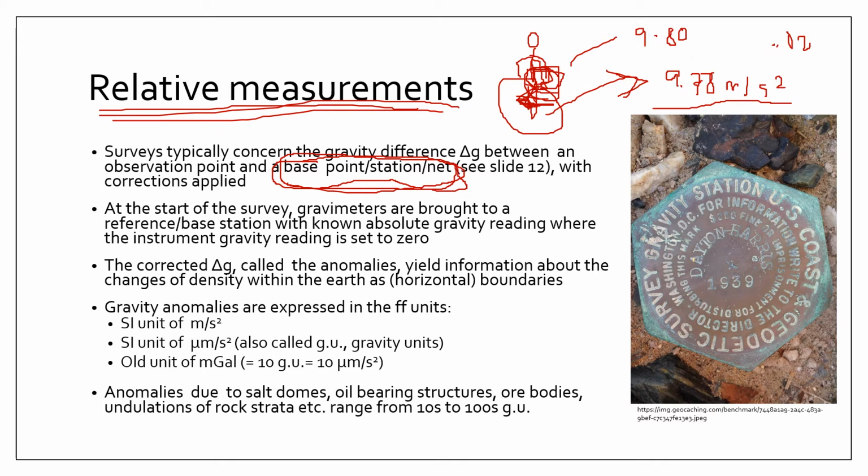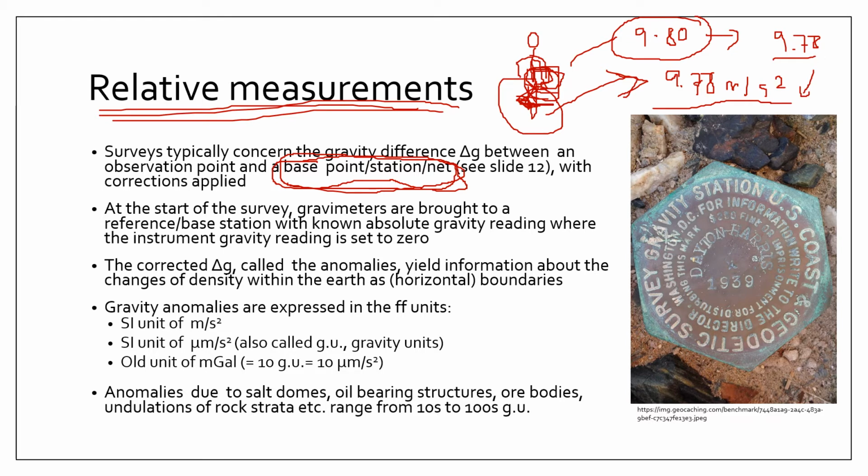So the first thing we do here is we calibrate our gravimeter such that it will read 9.78 as well. So it is calibrated with the base station.